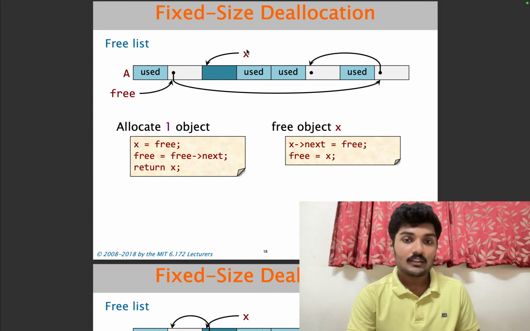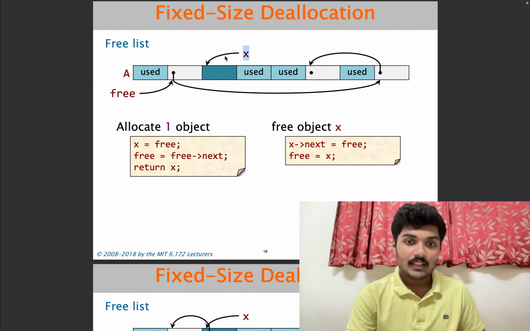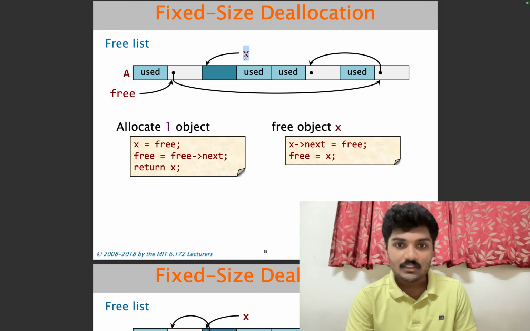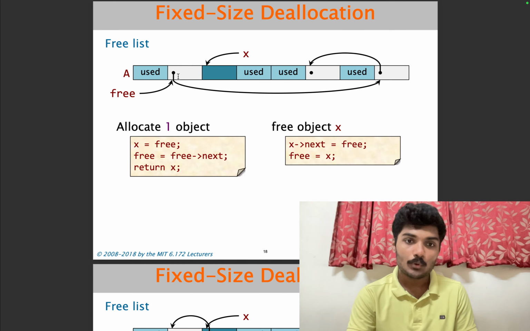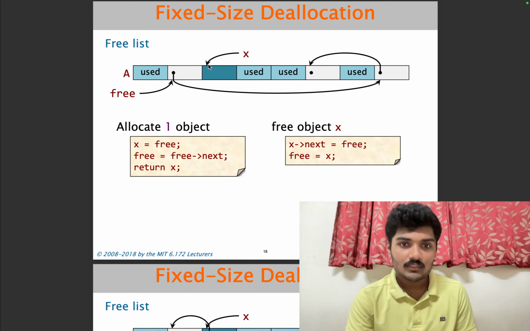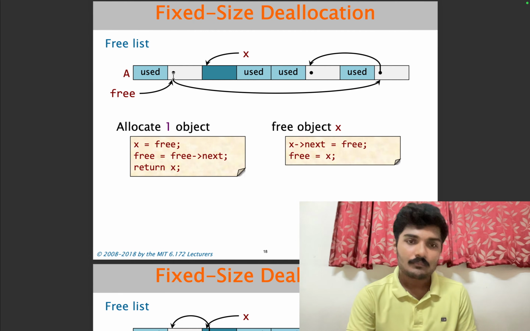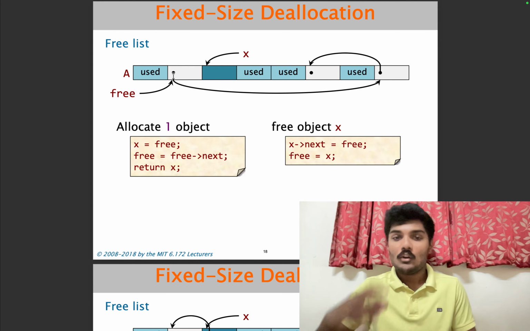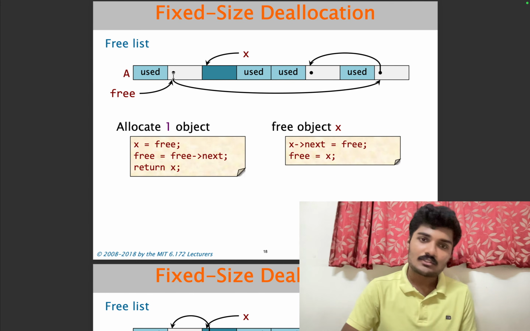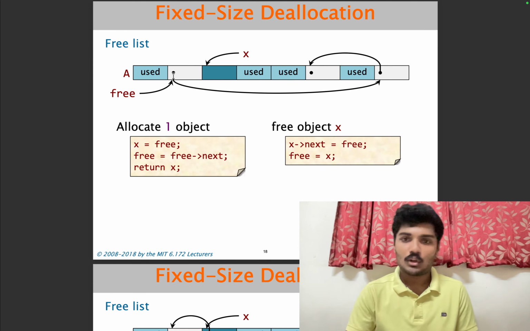If you don't remember, x is pointing to this block, and now the next pointer of x will point to the start pointer of free. Sorry, the pointer inside this block will now point to free. So we have successfully added another free block inside the free list, at the start, not at the end.